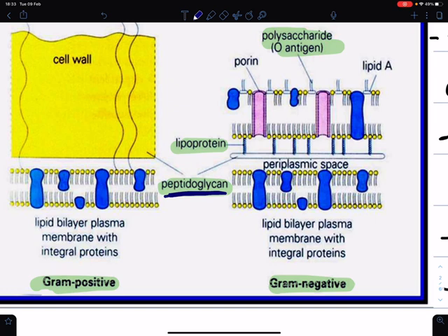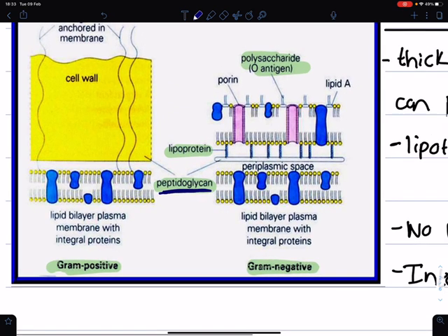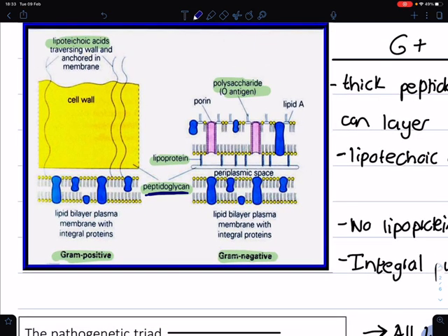That's why the one stains purple and the other stains pink. Also, gram-positive bacteria have lipoteichoic acids, whereas gram-negative have polysaccharides or an O antigen. Gram-negative bacteria also have a lipoprotein, but gram-positive don't. But both have lipid bilayers and integral proteins within the membrane.